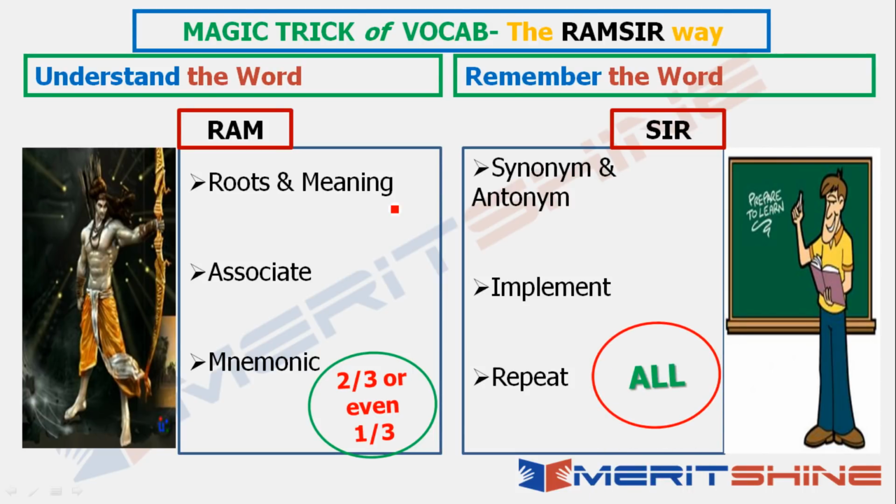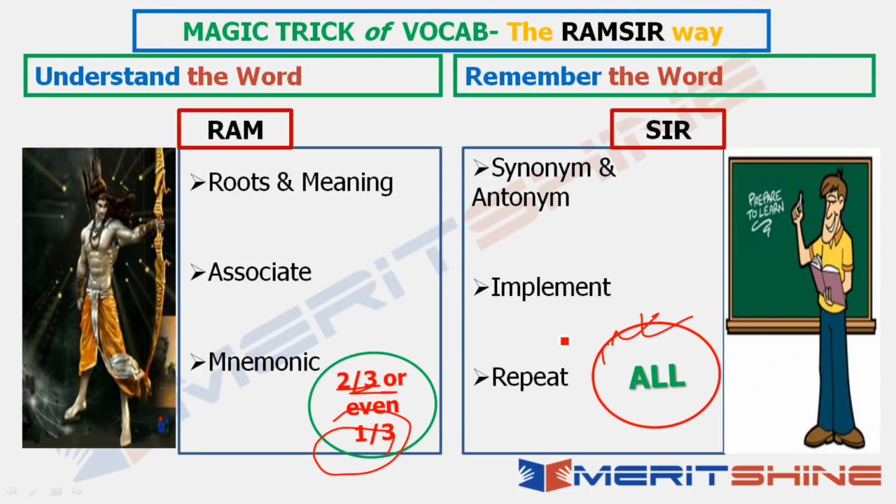But before we do that, let me repeat that amongst the RAM activities for words, you can do 2 out of 3 of these activities, or even 1 out of 3. But in the SIR activities, it is better to do all the activities, so that you get to understand and use the word on a regular basis.